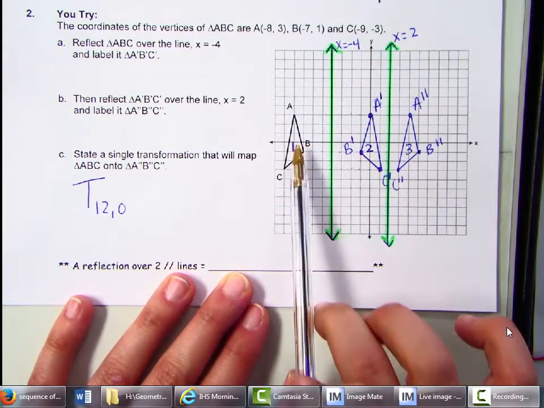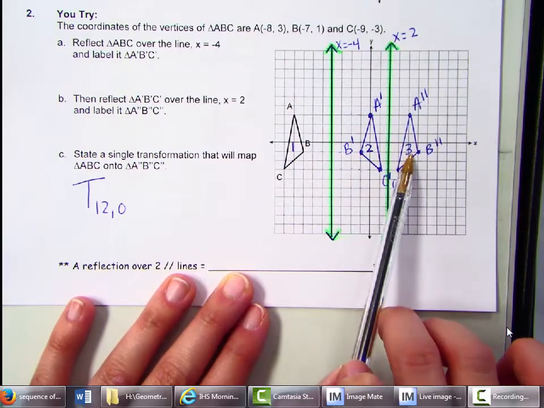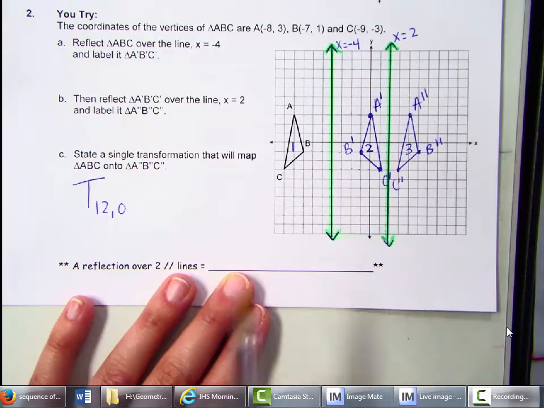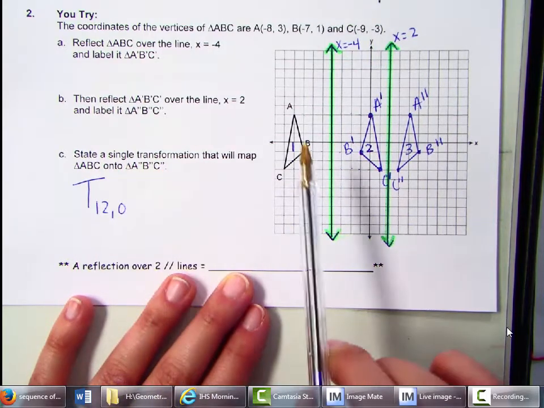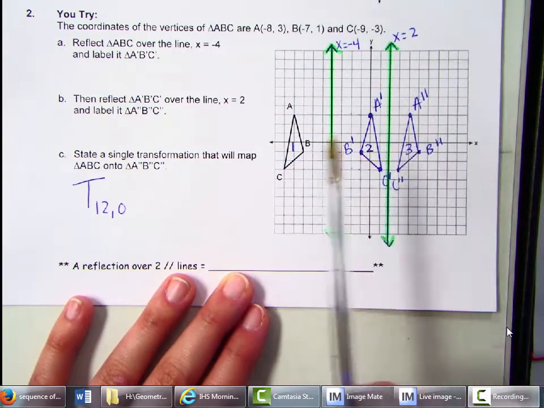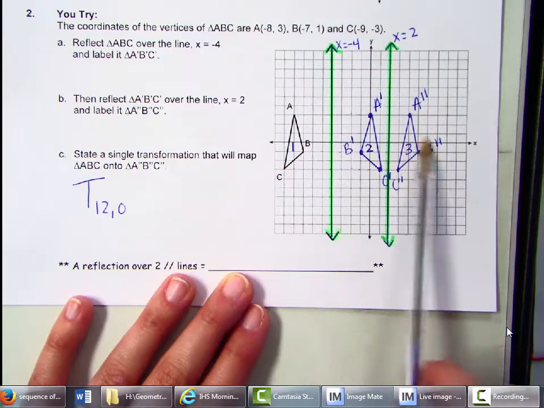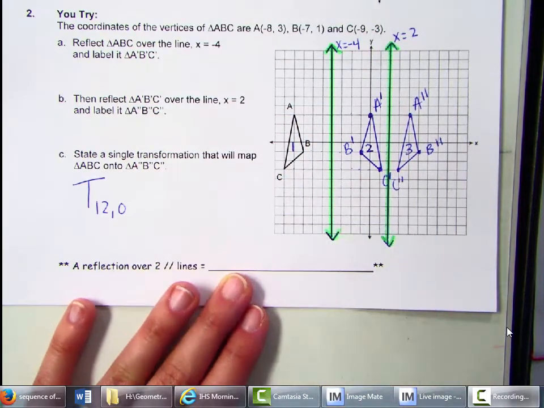I labeled my triangles pre-image is 1, the first image is 2, then the second image is 3. And then the last question, what single transformation would map triangle ABC onto double prime? So if we went straight from triangle 1 to triangle 3, that would be a translation of 12, 0.